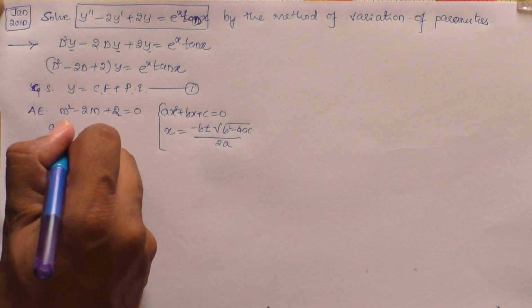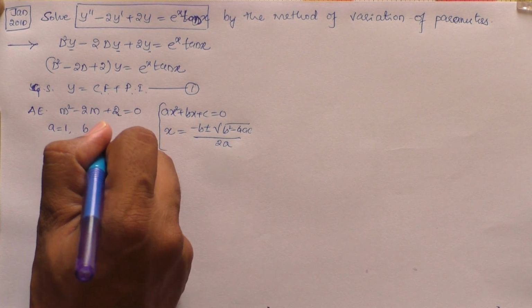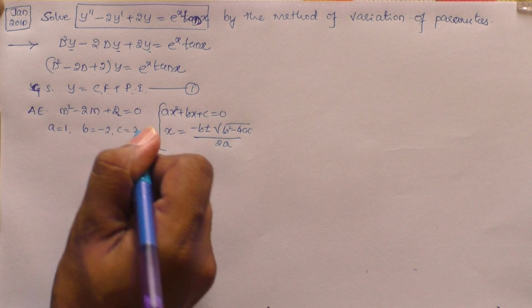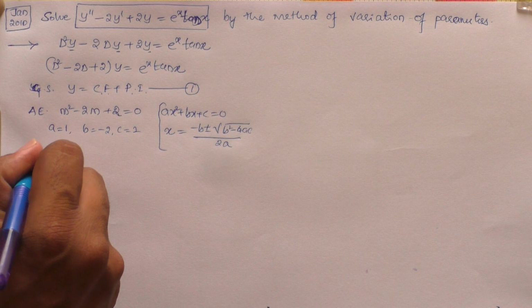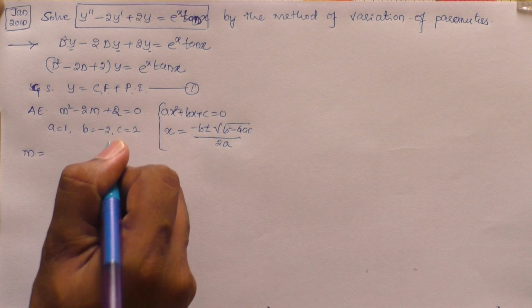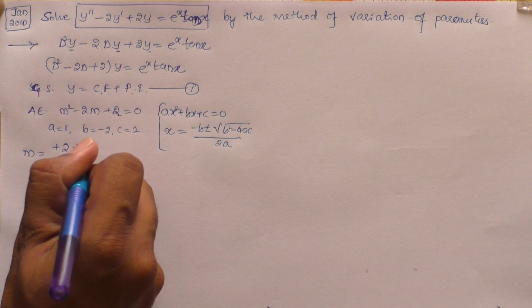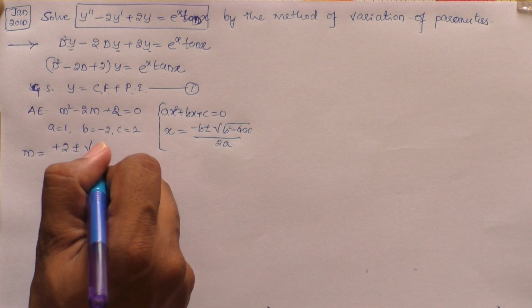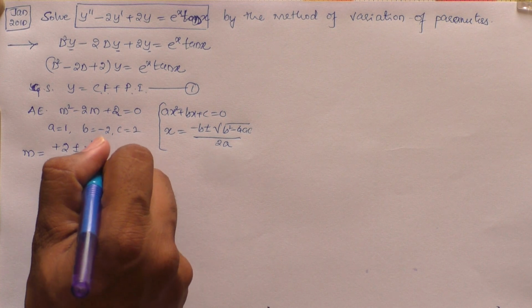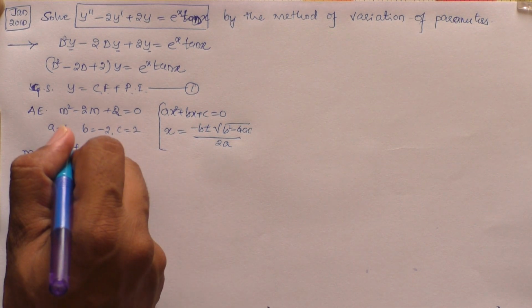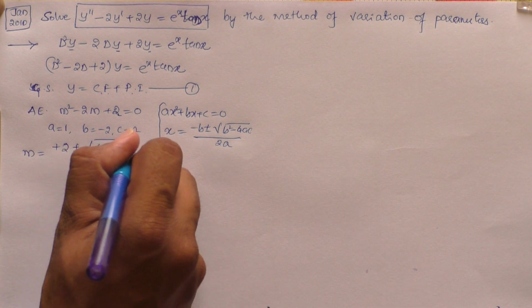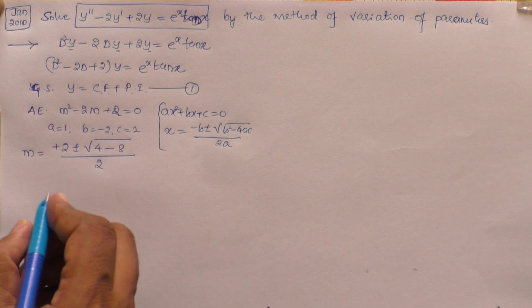So here identify a is 1, b is minus 2, c is 2. So m equal to minus b, b is minus 2, minus of minus 2 is plus 2, plus or minus square root of b square. So b square is 4 minus 4ac, 4 into 1 into 2, 8, divided by 2 into 1, 2.